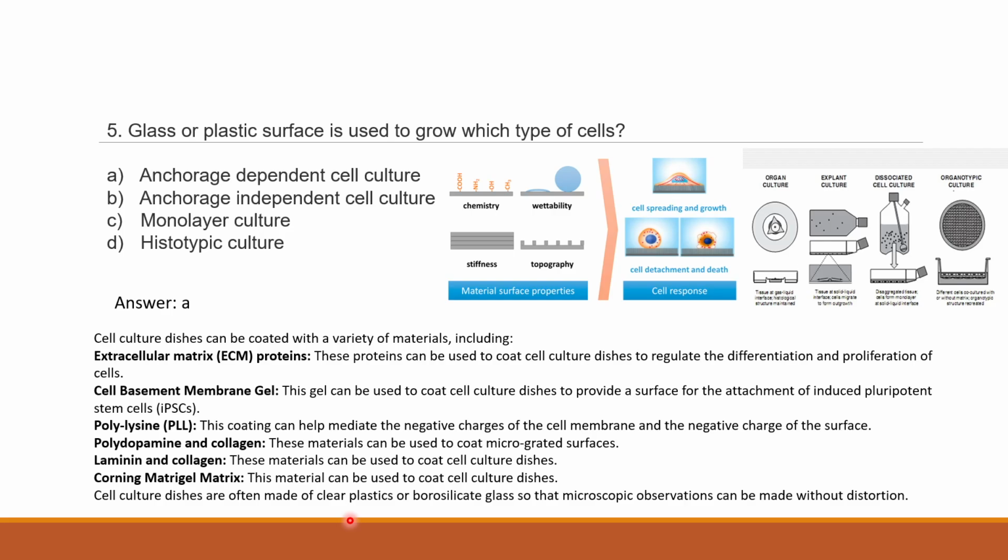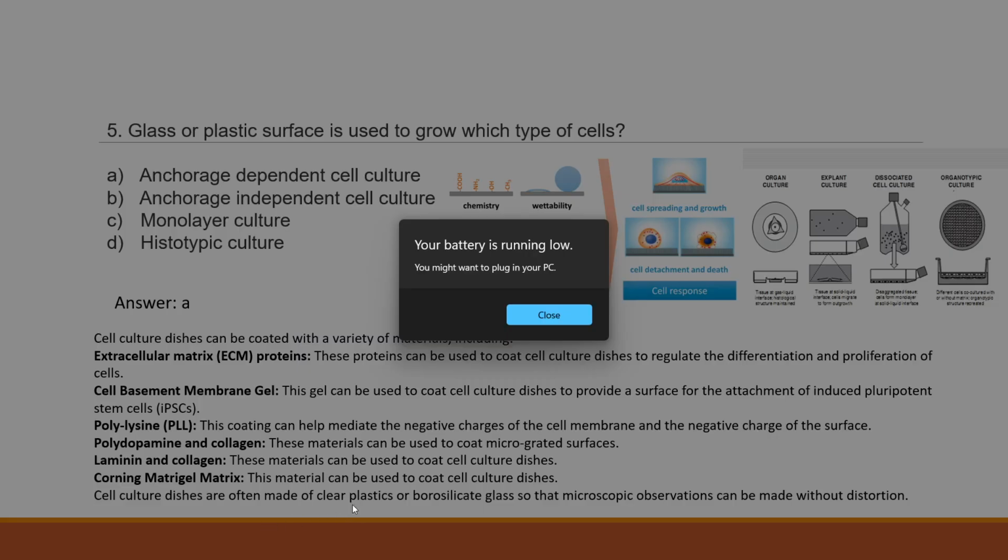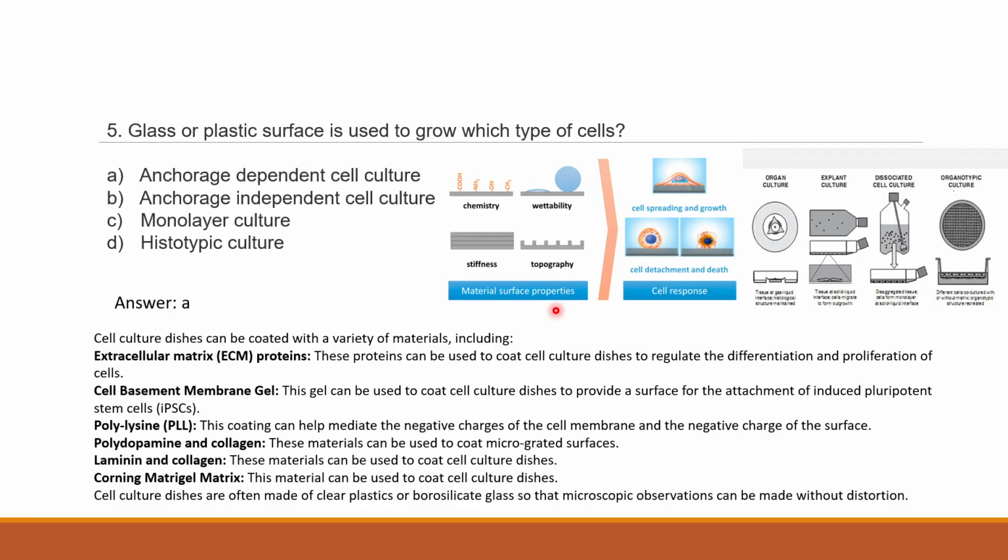Cell culture dishes are often made with clear plastic or borosilicate glass, so that microscopic observations can be made without distortion. As I said, the cover slips are always glass cover slips, that is borosilicate glass.